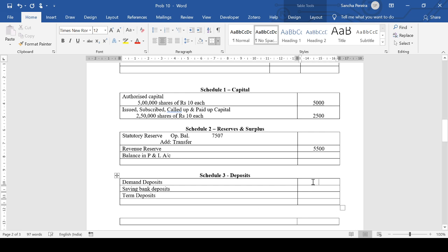So demand deposits are 11,14,30. Saving bank deposits are 1186.05 and term deposits are 1465.20. So that total comes to 3765.55.